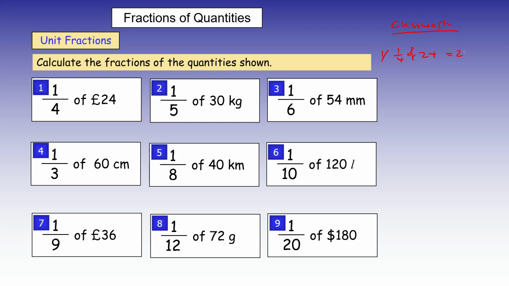So it's going to be 24 pounds, sorry, divided by 4. And the answer is going to be 6 pounds. So I've done number 1 for you. You can copy that one down and off you go with the rest of them then. Good. Once you've done all 9, hit play again and we'll go through the answers. 3, 2, 1, pause.